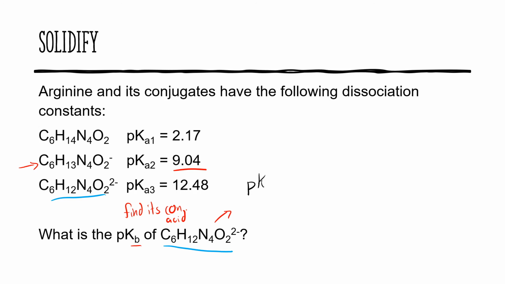So we can now find our lovely pKb using the equation that we've seen a bunch of times before now. And when we do that, we're going to come out with a pKb of 4.96. 4.96 is the pKb of this species.